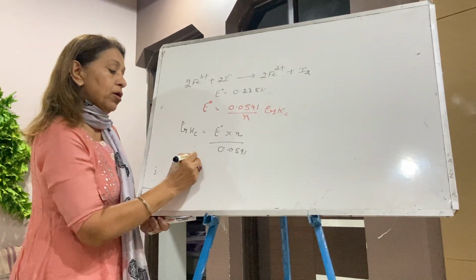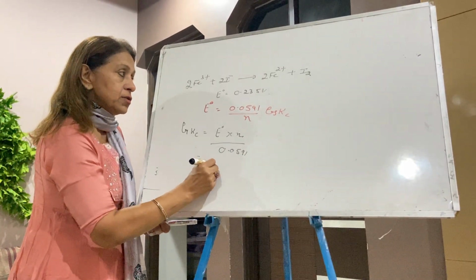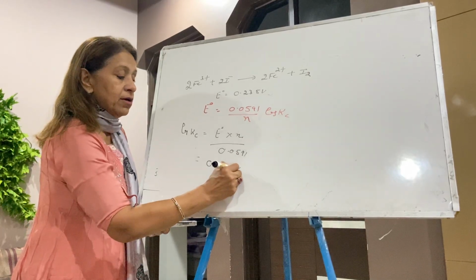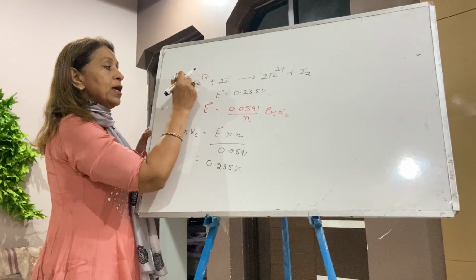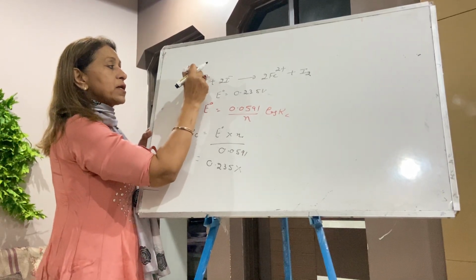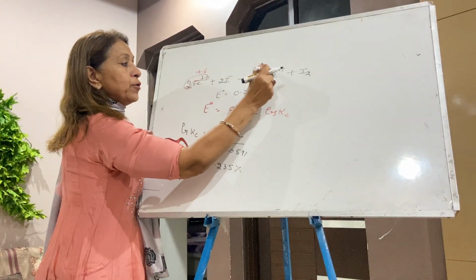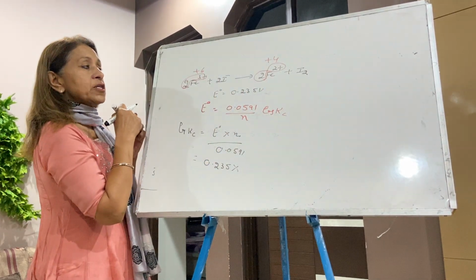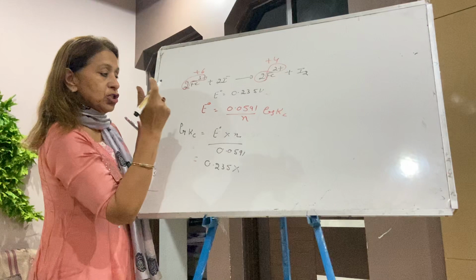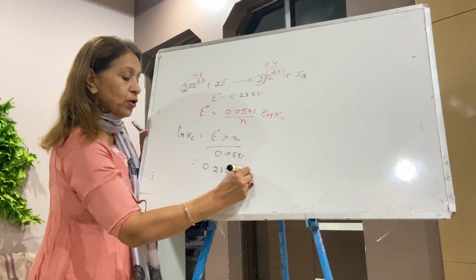Now what is the E0? By chance it is given, 0.235. Let us calculate n. 2 into 3, it's plus 6. 2 into 2, it is plus 4. This means plus 6 and plus 4. Change in oxidation number is 2 only. 6, 4, 2 difference.